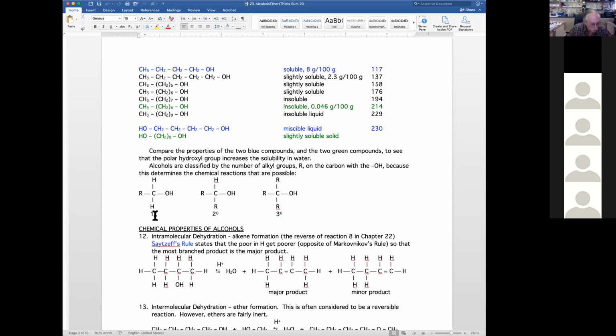So I'm going to show you how to draw hydrogen bonds between alcohols, and I'll just use methanol. So here is methanol. Okay. So if I look at the difference in electronegativity, it's a polar bond, especially this one over here.